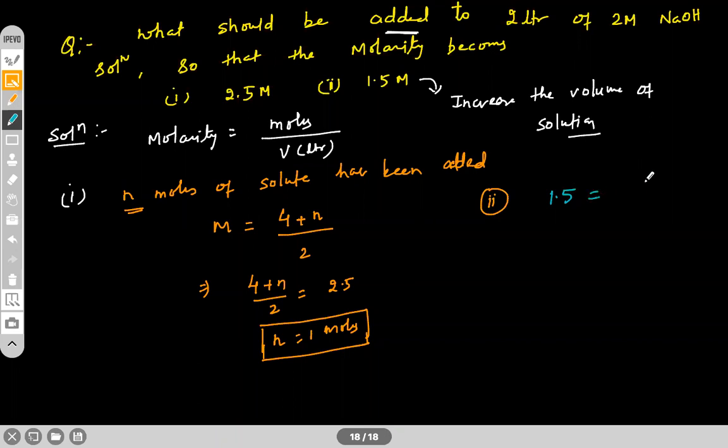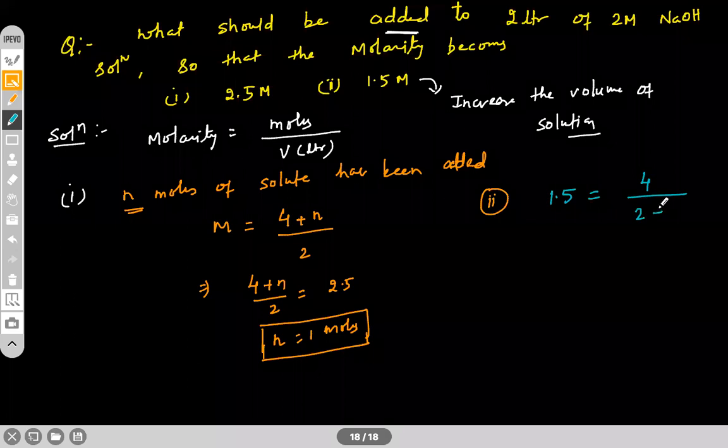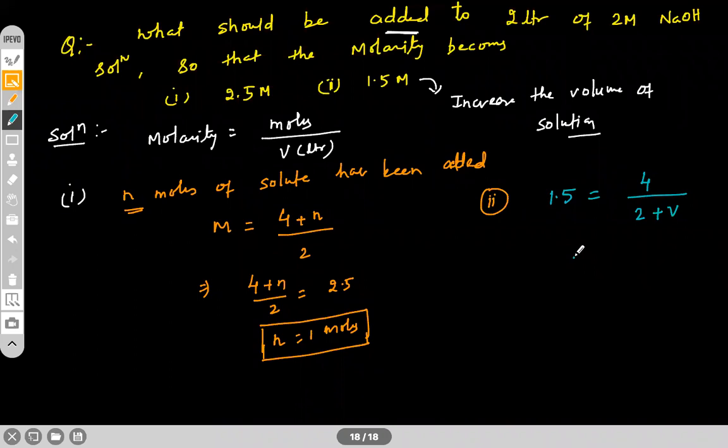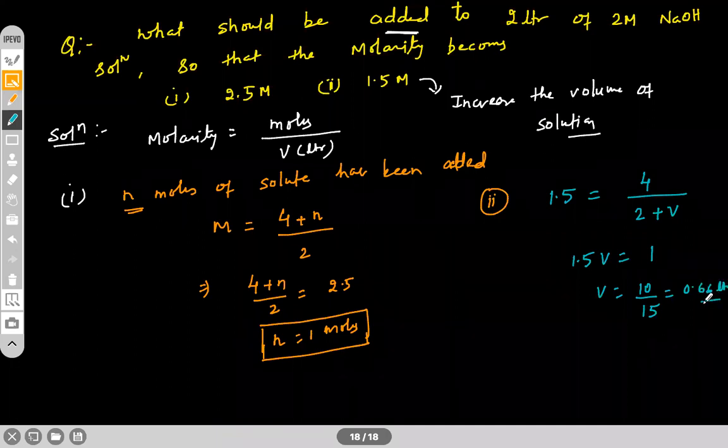That would be equal to, again, the number of moles of solute won't change, 4 divided by the initial volume 2 plus V liter we have added. So when you solve this, we'll get 1.5V = 1, so V = 10/15, which is 0.66 liter. Means we need to add 0.66 liter of solution so that we'll have the molarity as 1.5 molar. Did you understand this?